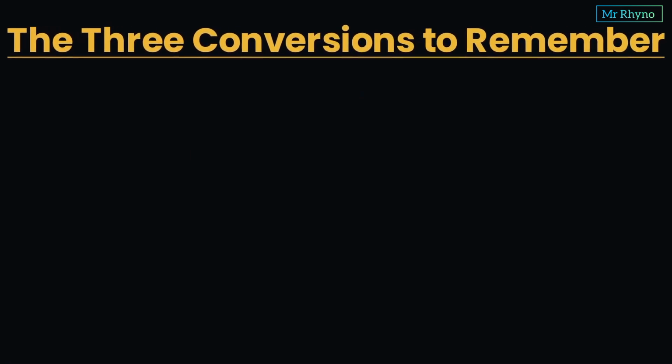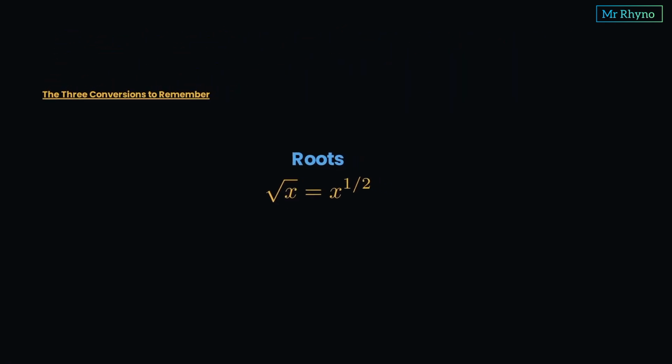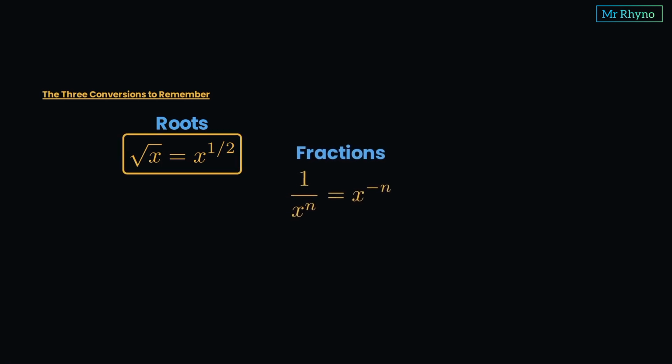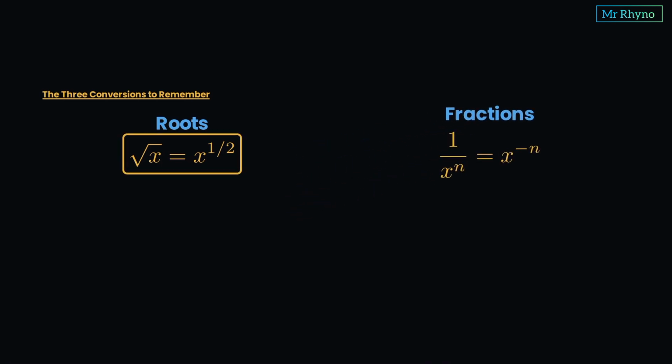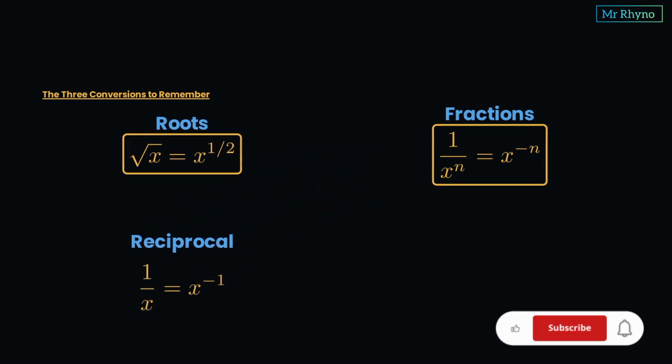Before integrating, convert the expression. Here are the 3 conversions to remember. Roots, the square root of x equals x to the 1/2. Fractions, 1 over x to the n equals x to the negative n. Reciprocal, 1 over x equals x to the negative 1.